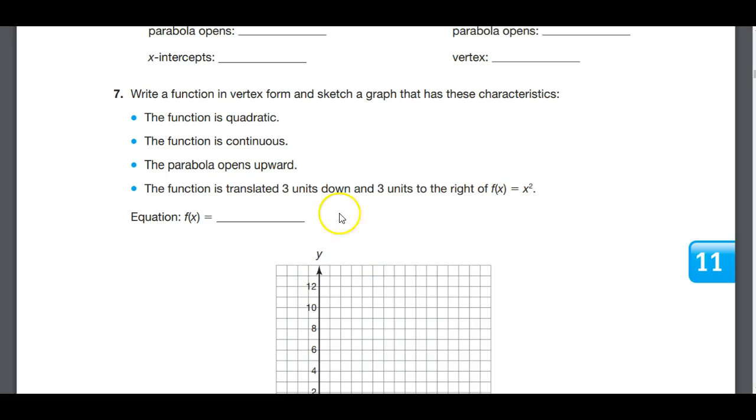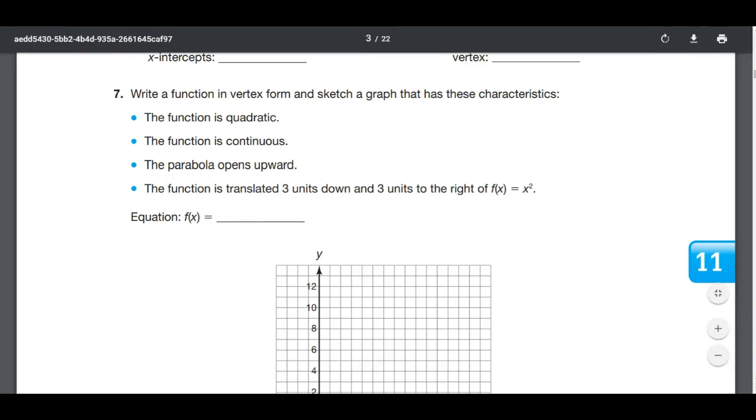Let me get my pen out here. So we have f of x is equal to... if I want to go 3 units to the right, that means I have to subtract from x. So we go x minus 3, close that and square it, right?